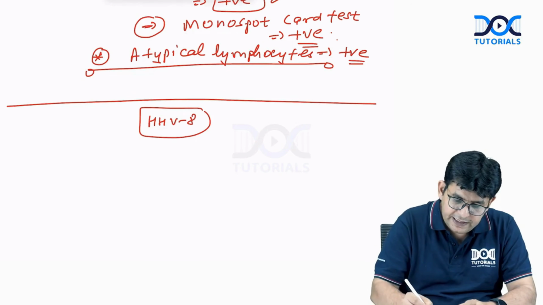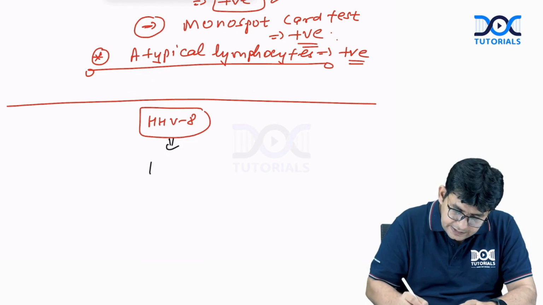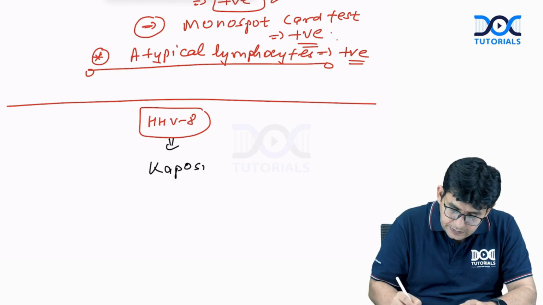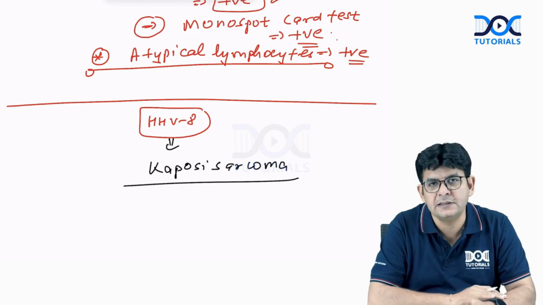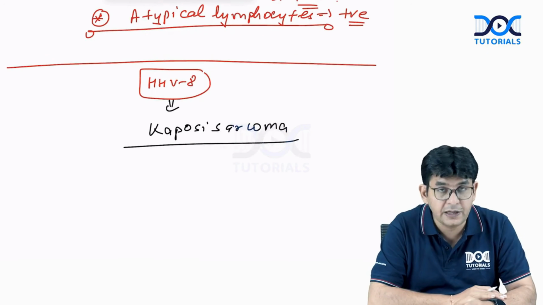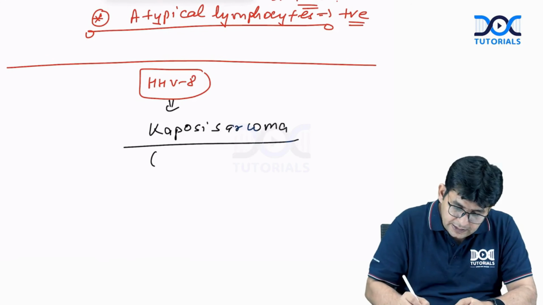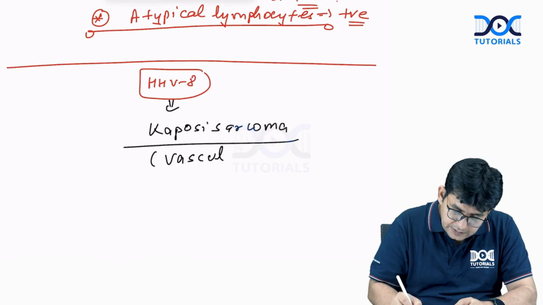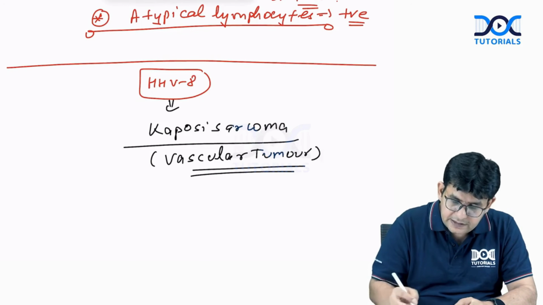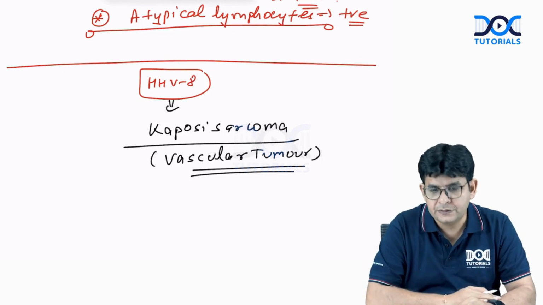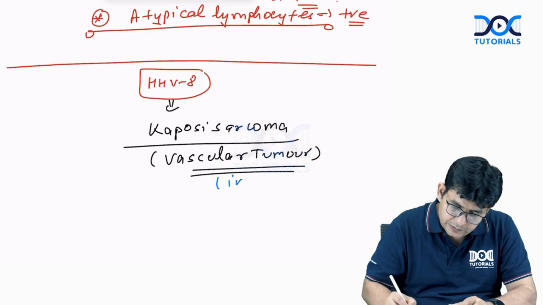And this HHV8 is leading to a vascular tumor. Human herpes virus 8 leads to the Kaposi sarcoma. And this Kaposi sarcoma is termed as the vascular tumor. And this is common in whom?